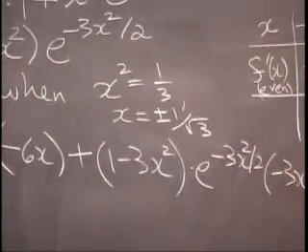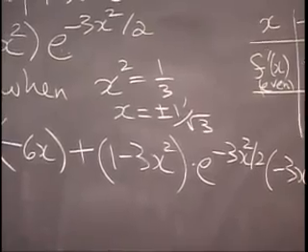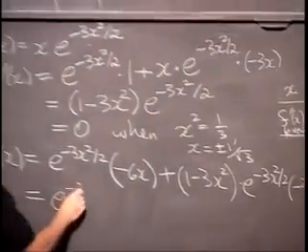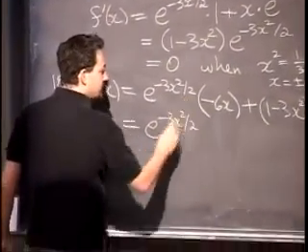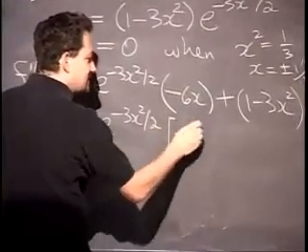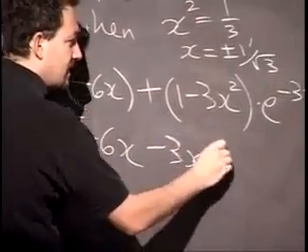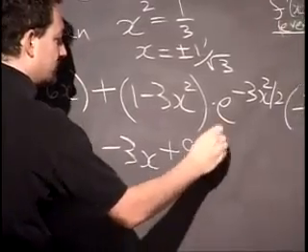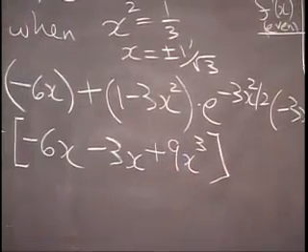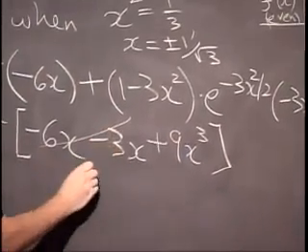So what have we got when we put everything together? Well, we certainly have a factor of e to the minus 3x squared over 2. We're going to have a minus 6x. We're going to have a minus 3x and a plus 9x cubed. So this is actually minus 9x.